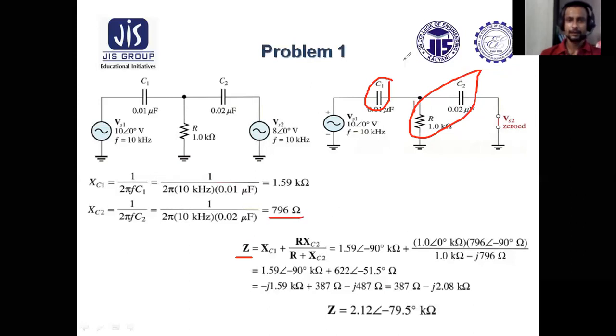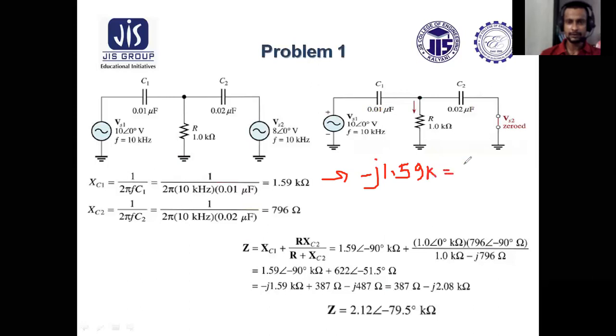Okay. So XC1 is minus J 1.59 kilo ohm, which could be written in polar form as 1.59 angle minus 90.